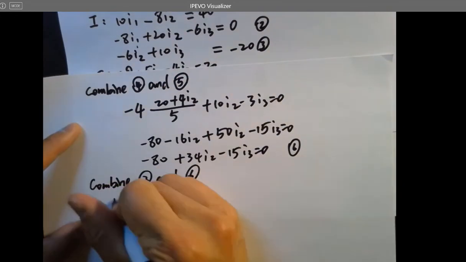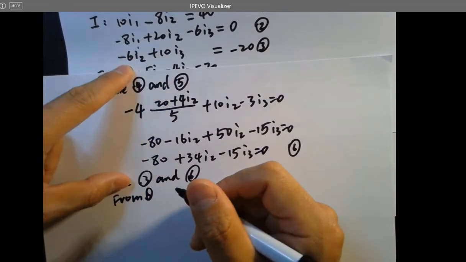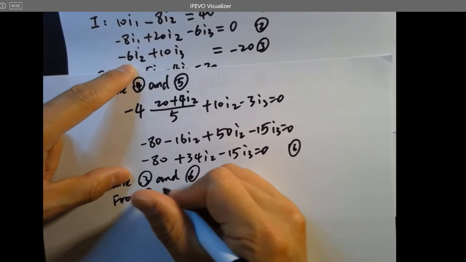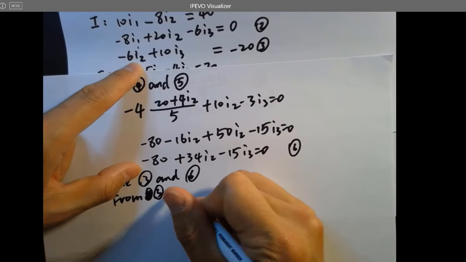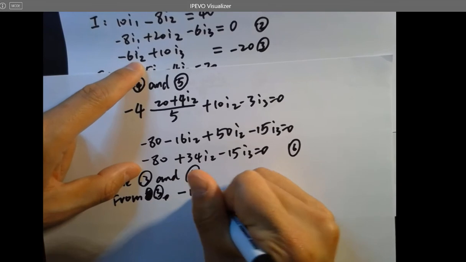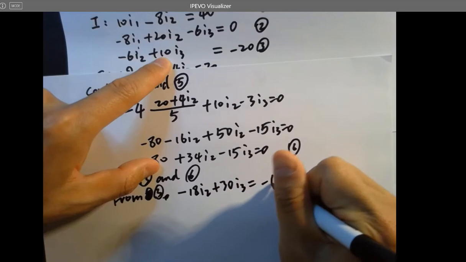From 3, we're getting, times 3 on both sides, minus 18I2 plus 30I3 equals minus 60.